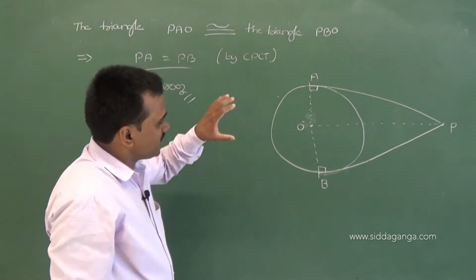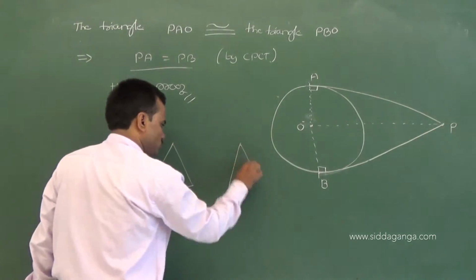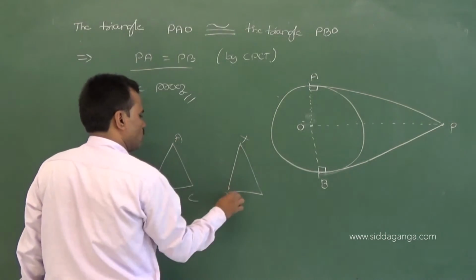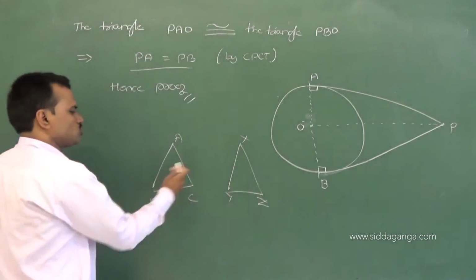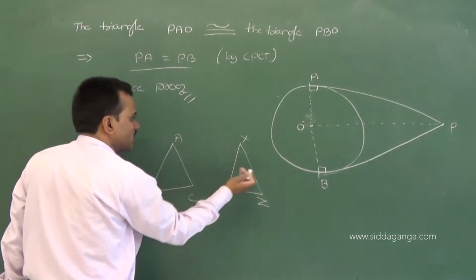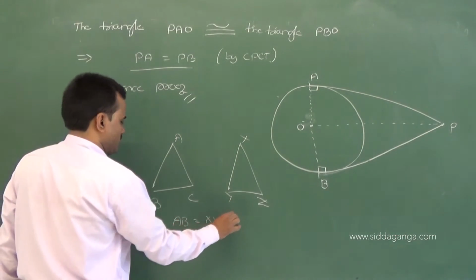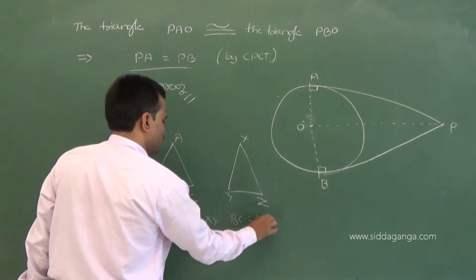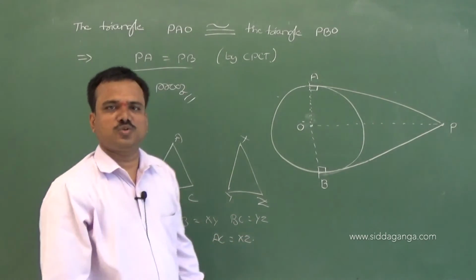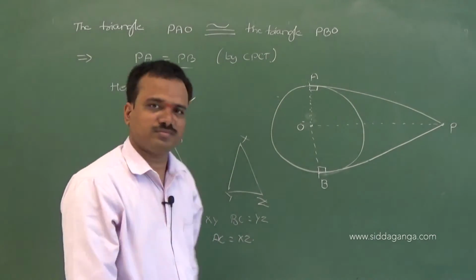CPCT rule means if two triangles, ABC and XYZ, are congruent, corresponding sides are equal. AB is equal to XY, BC is equal to YZ, AC is equal to XZ. According to the CPCT rule, PA is equal to PB.